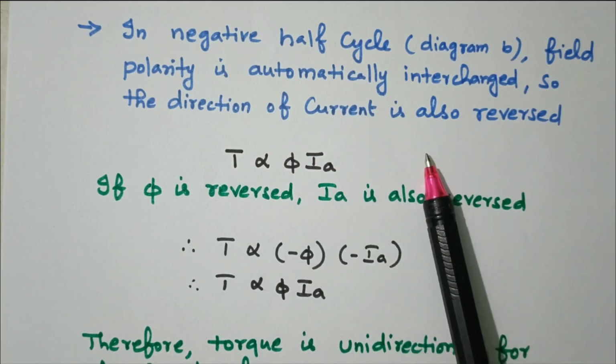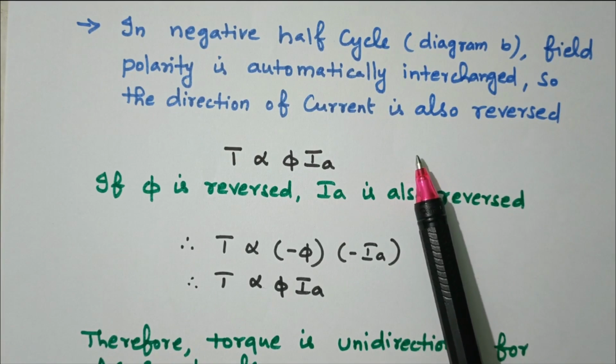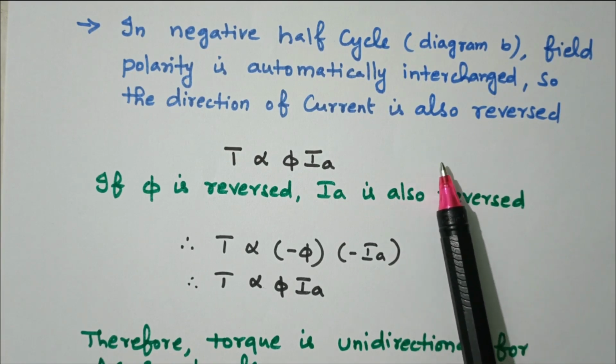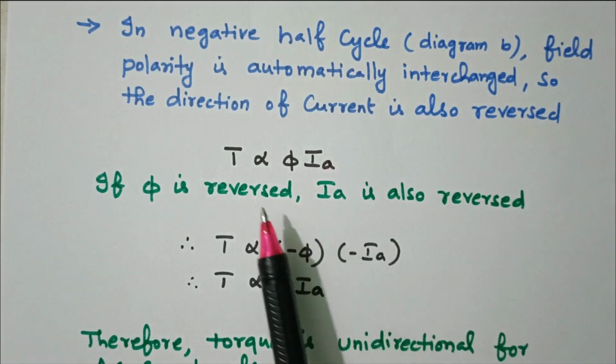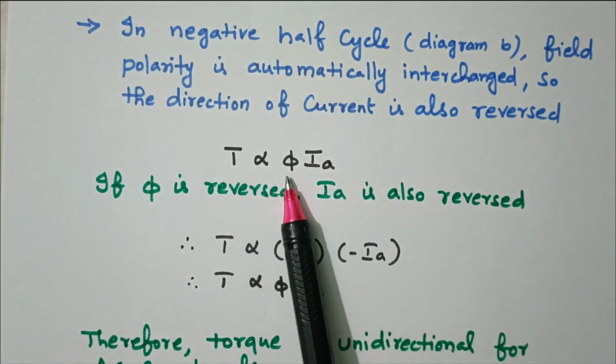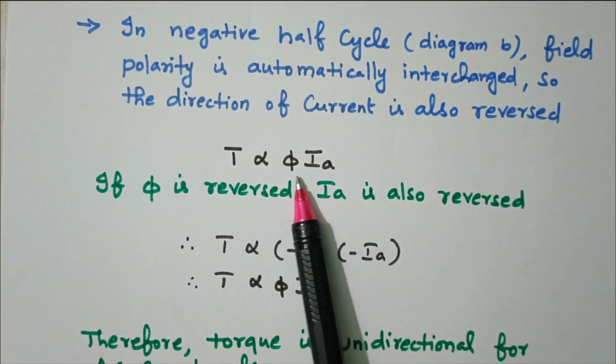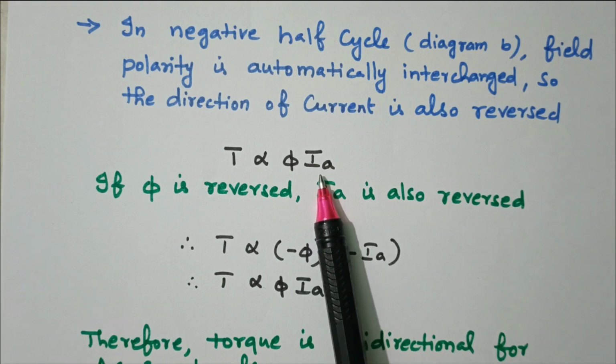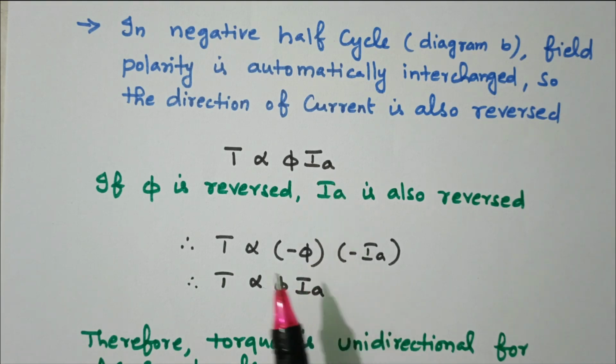That is, left hand side S pole, right hand side N pole. The torque is directly proportional to φ × Ia. We know that in a series motor, torque is proportional to flux as well as Ia, because field and armature are connected in series.